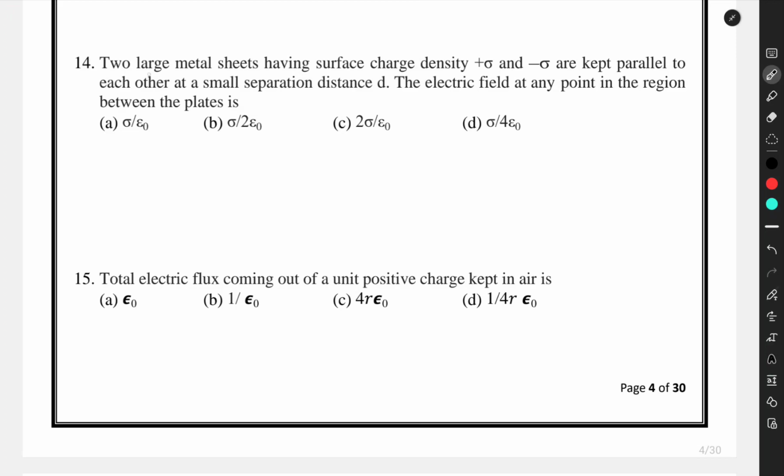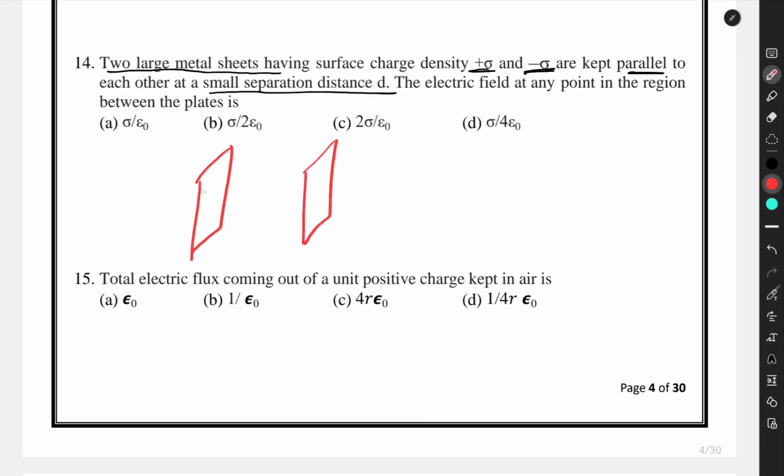There are two large metal plates having surface charge density plus q and minus q, which means one plate is positively charged and the other is negatively charged, kept parallel to each other. The small separation between them is d. This is one plate and this is another plate. This is positively charged, this is negatively charged, with surface charge density plus q and minus q.